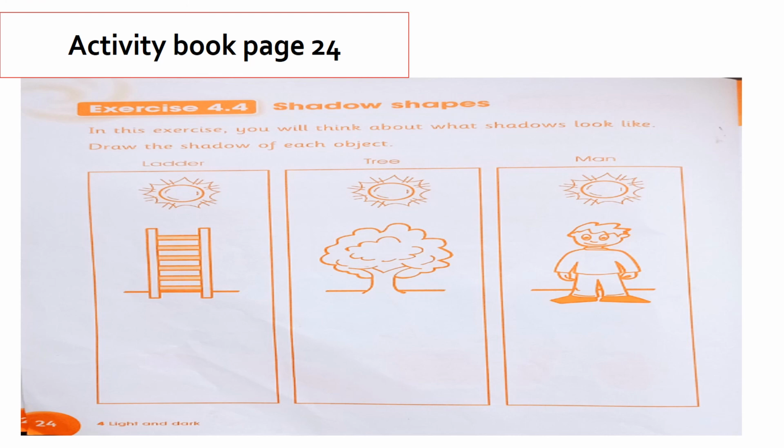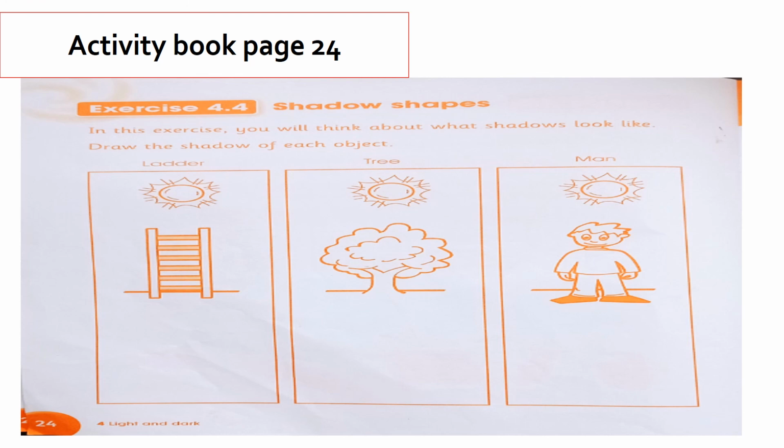Now, I want you to remember how shadows look in the mornings because of where the sun is in the sky, and how they look at midday because of the position of the sun. From the position of the sun in this activity, you can know how these shadows should look.